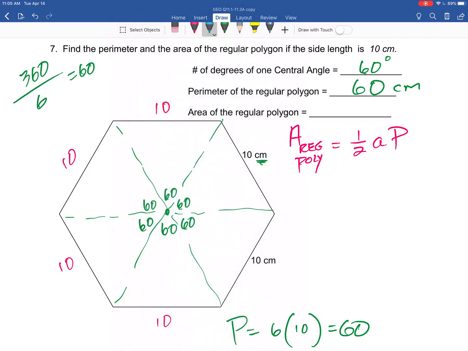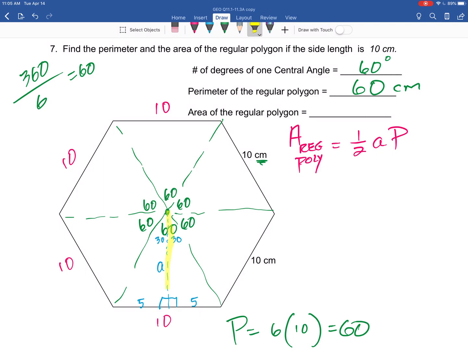Here comes the apothem. That's the apothem right there. What does it do to that 10? It splits it 5 and 5. What does it do to the 60? It splits it 30 and 30.